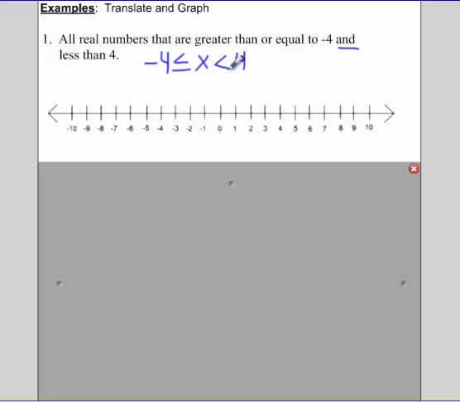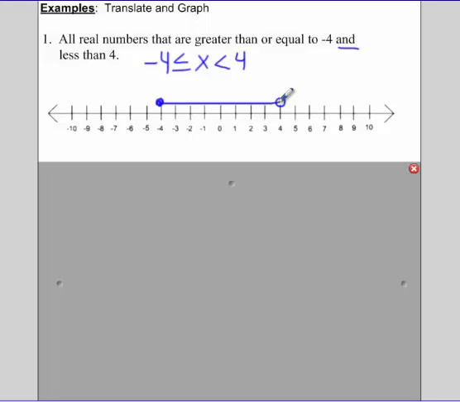Double check to make sure the inequality is correct, that x is greater than or equal to negative 4, and x is less than 4. So this inequality is correct. Now we graph it. Use a closed circle at negative 4, an open circle at 4, and shade in between the two circles.